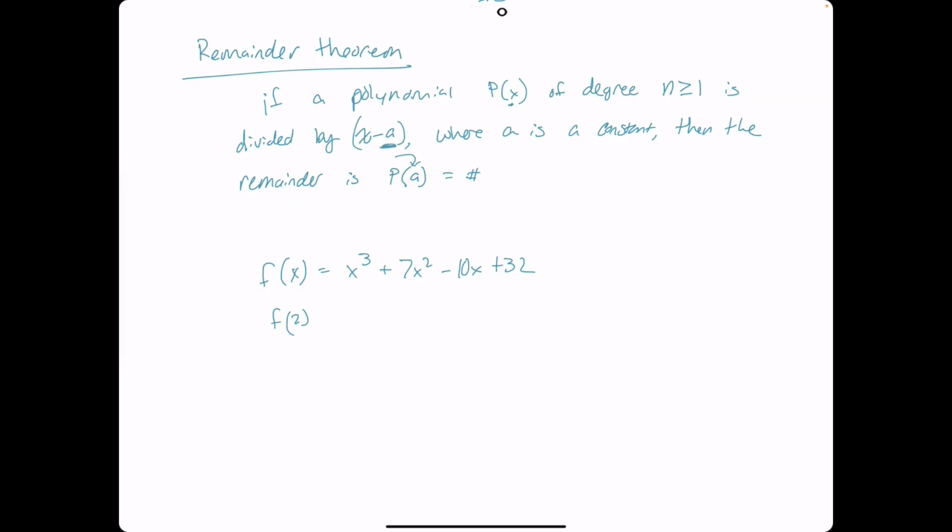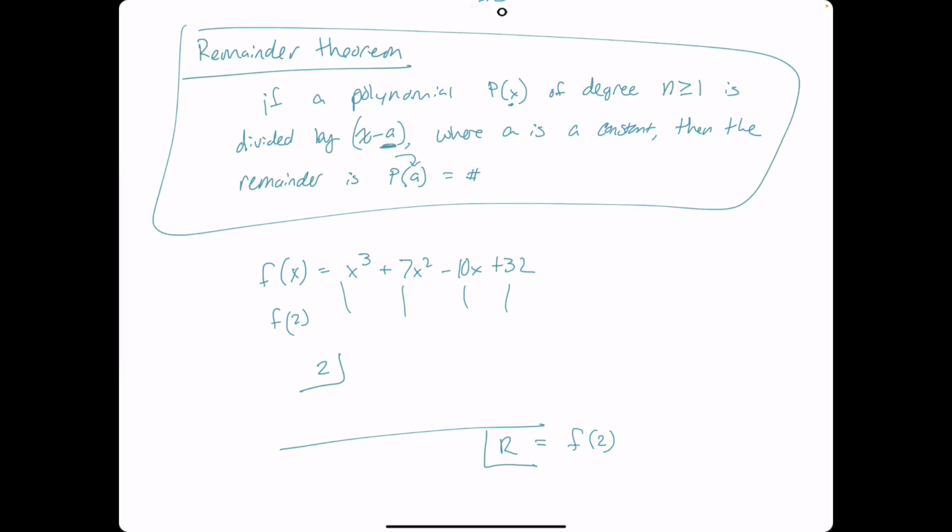But if I do synthetic division and use the 2 in here and all those coefficients, the remainder part will be f of 2. Oh, makes sense. That's what this box thing here is saying. The remainder will be f, or whatever polynomial function, at which you're plugging in up here.